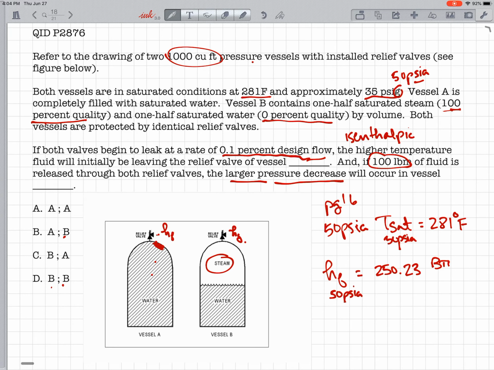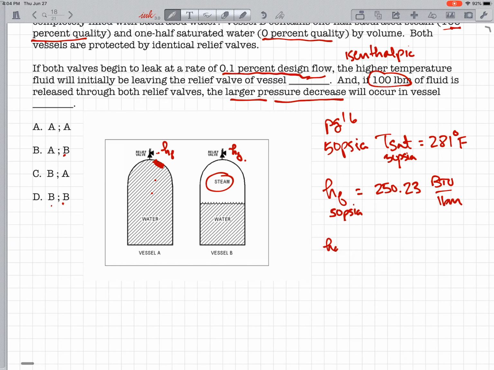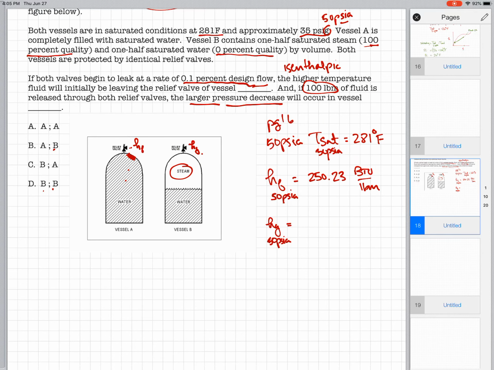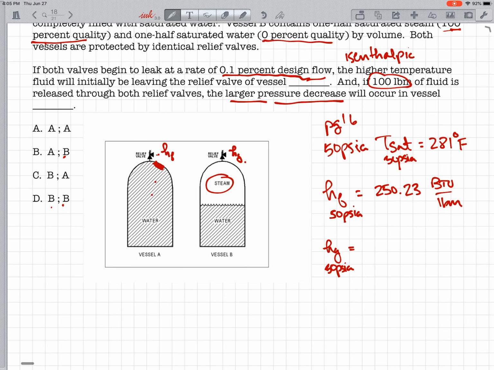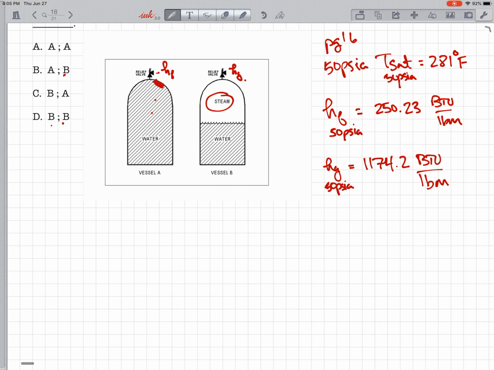That's going to be in BTUs per pound mass, of course. And enthalpy of saturated steam at 50 PSIA is going to be equal to, let's see, 1174.2 BTUs per pound mass. Okay. So that's our escaping enthalpy.